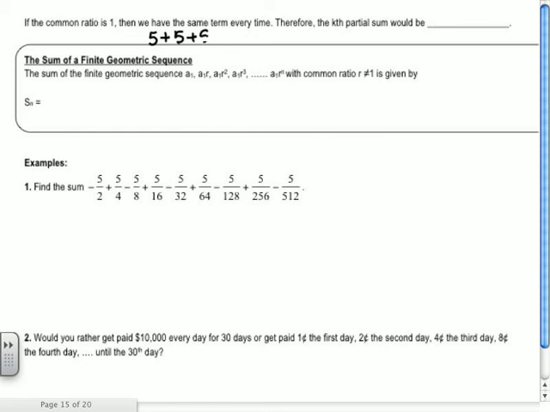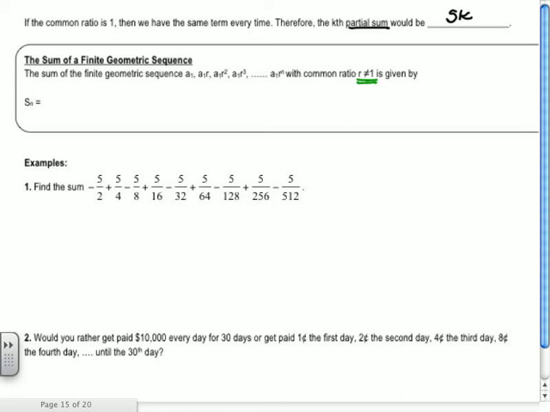So if my first term's 5 and my common ratio is 1, I'd have 5, 5, 5, 5. So if I did it k times, I'd have 5 what? Close, that'd be multiplication. It's 5 times k. We're talking about the partial sums now, so adding up each term of your geometric sequence. So just 5 times k.